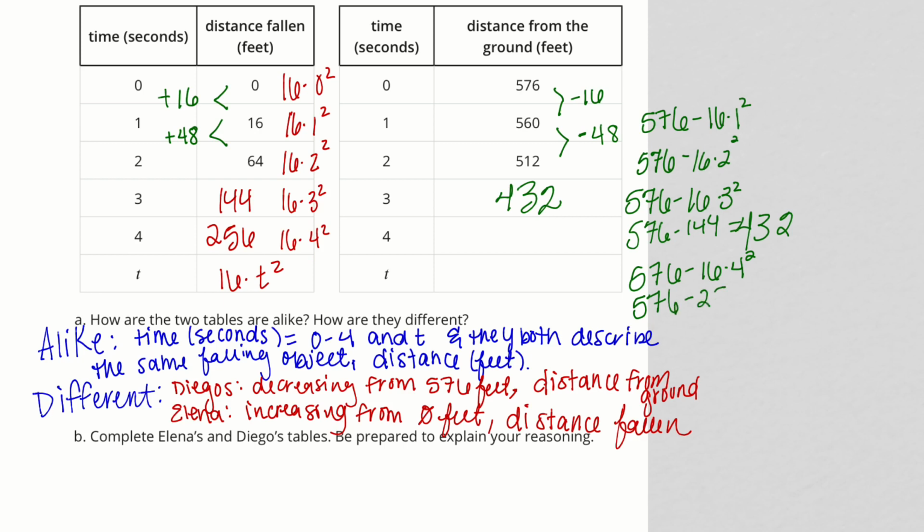What's 576 minus 256? What's 6 minus 6? 0, 320. Okay. What's my formula going to be for t? What do we start with in every single one of these? 576 minus 16 times t squared.